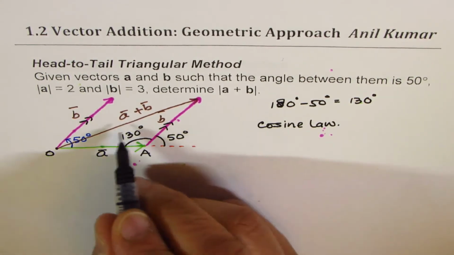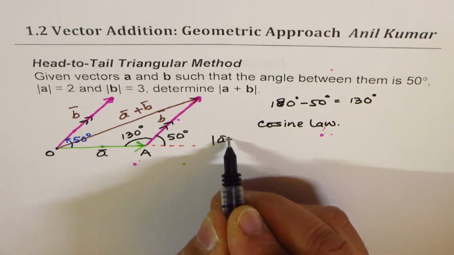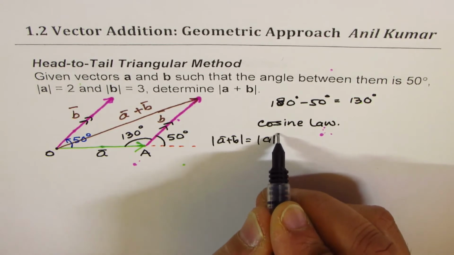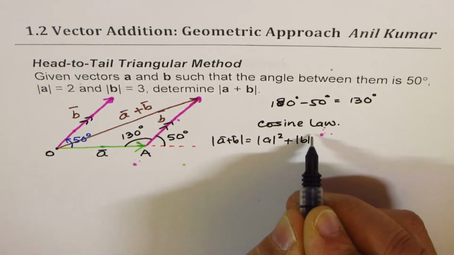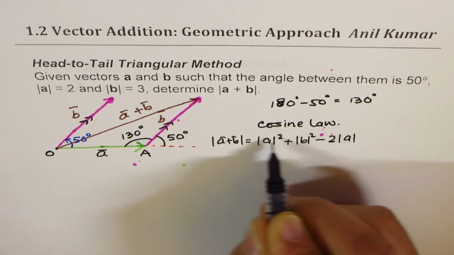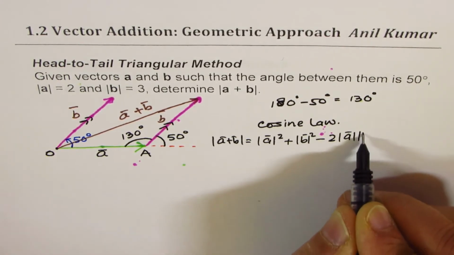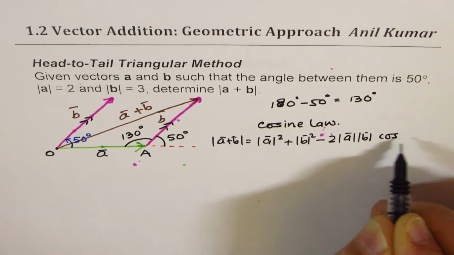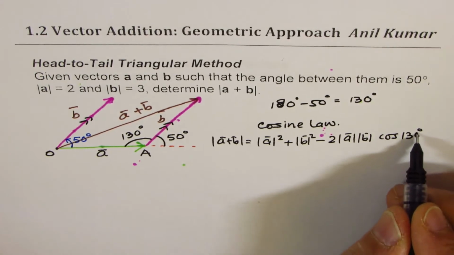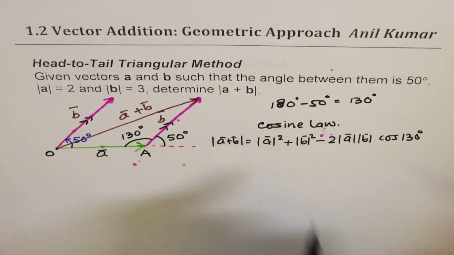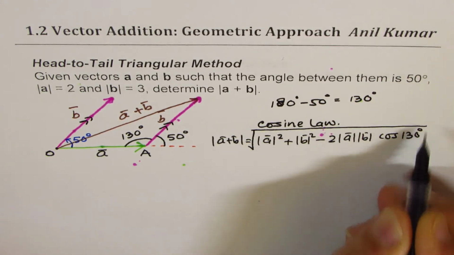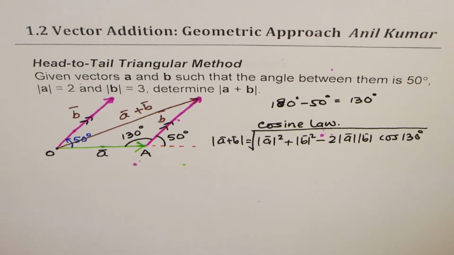So from the cosine law, we can say that the magnitude of vector A plus B is equal to magnitude of A square plus magnitude of B square minus twice magnitude of A, magnitude of B times cos of the angle between them, which is 130 degrees. Do you see that? So let me write this as square root of all this.